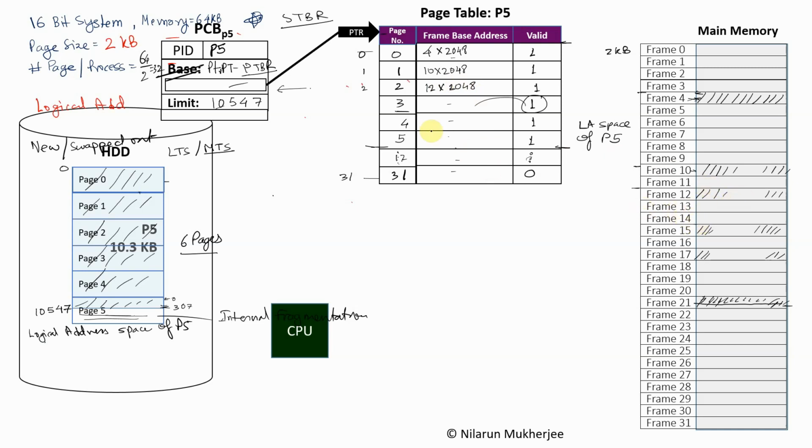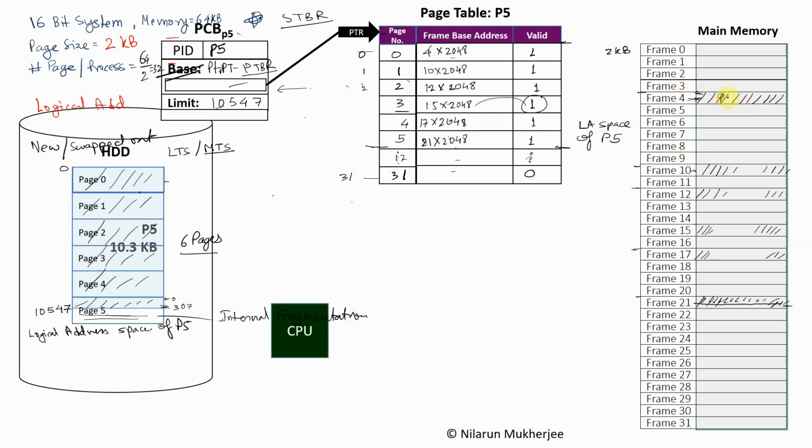Here it will be 15 into 2048. Here it will be 17 into 2048. And here it will be 21 into 2048. So we know where the processes are loaded.